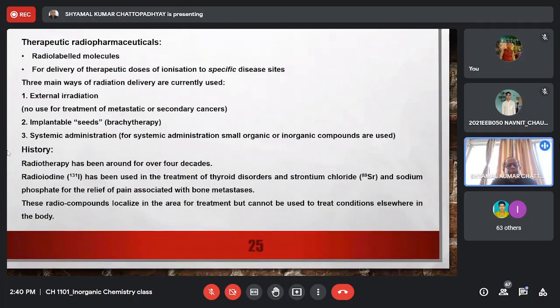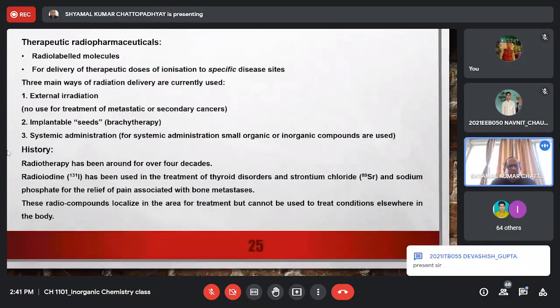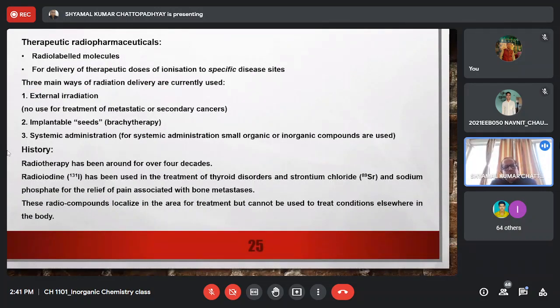So an optimum half-life is starting from around 5 to 6 hours to around, say, 8 days. This is the optimum level, because if the half-life is more than 5 to 6 hours, then it is easy to handle that radioisotope, because you have to transport it from a cyclotron or a reactor, then process it, and then administer it.